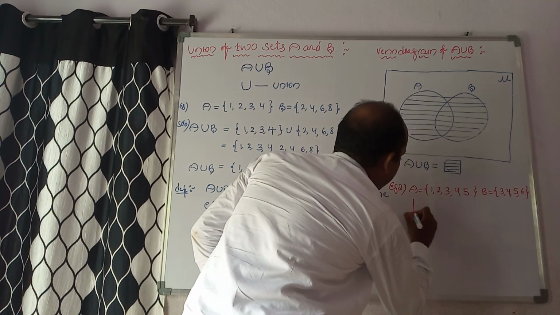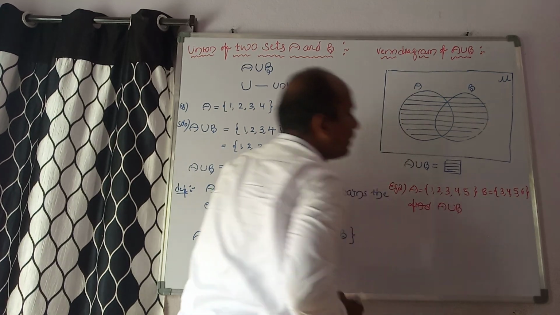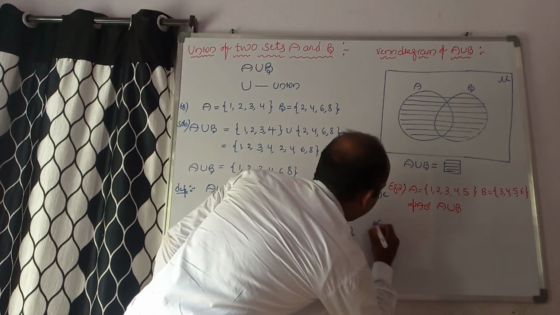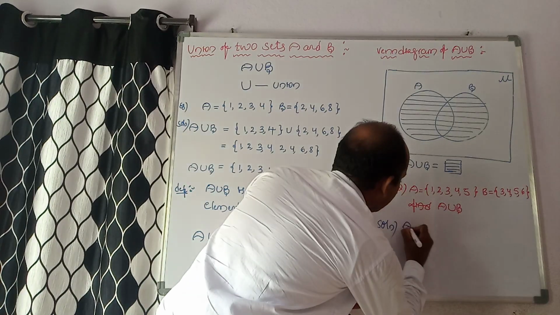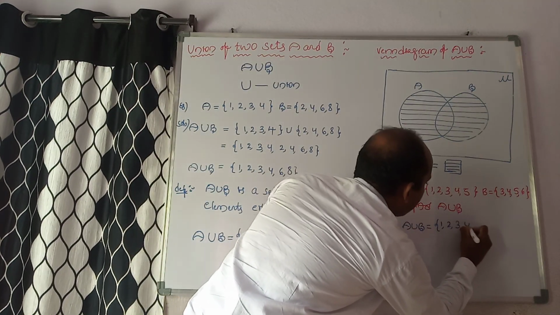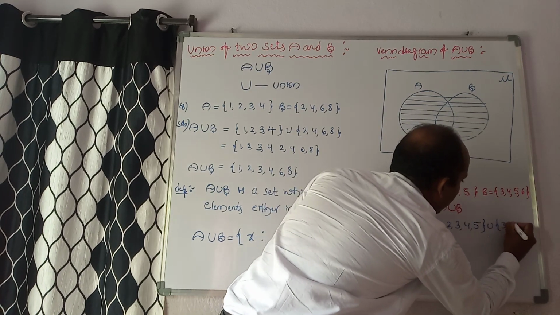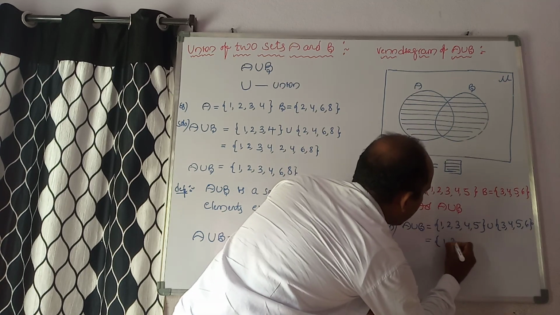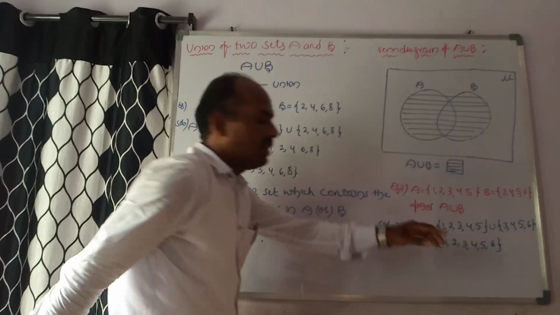Find A union B. Solution: A union B means directly writing the A set 1, 2, 3, 4, 5, union the B set 3, 4, 5, 6. We write down A together with B, the total elements, that is 1, 2, 3, 4, 5, 6. This is the answer for A union B.